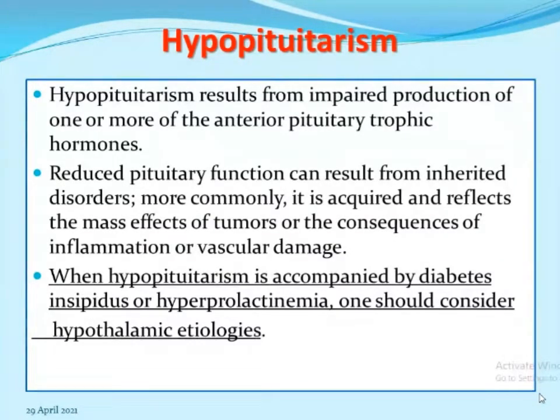So the common causes are usually a tumor or mass that will compress the anterior pituitary cells and result in hypofunctioning. But the pituitary gland can also be affected by other diseases, especially if there is inflammation, infiltration, or vascular damage. When hypopituitarism is accompanied by diabetes insipidus or hyperprolactinemia, one should also consider a hypothalamic etiology.